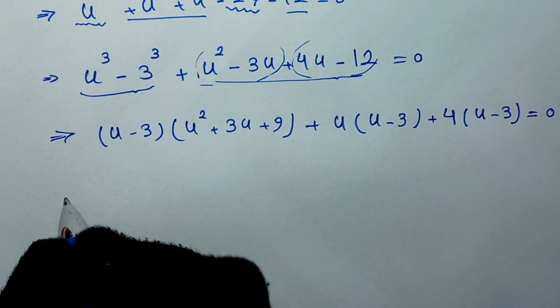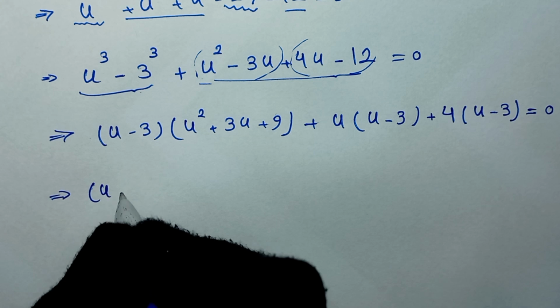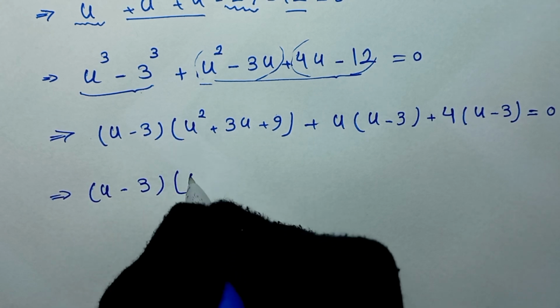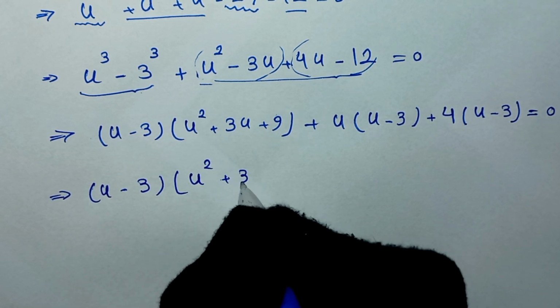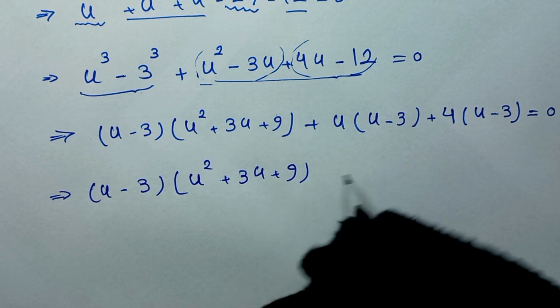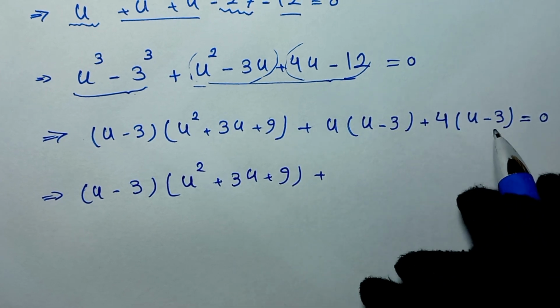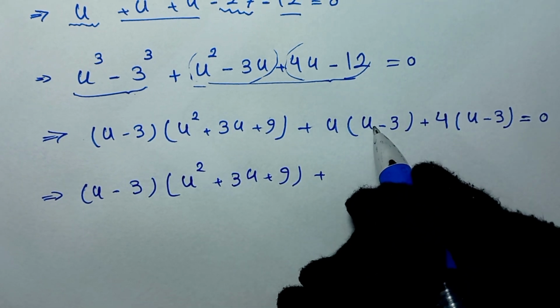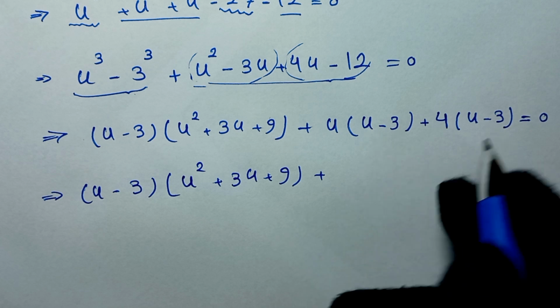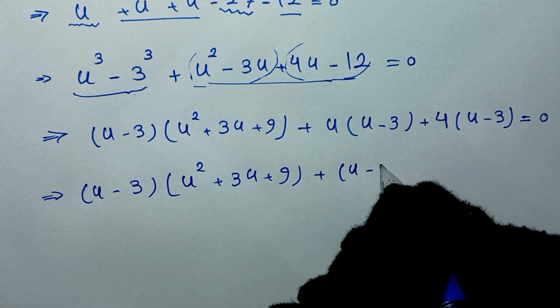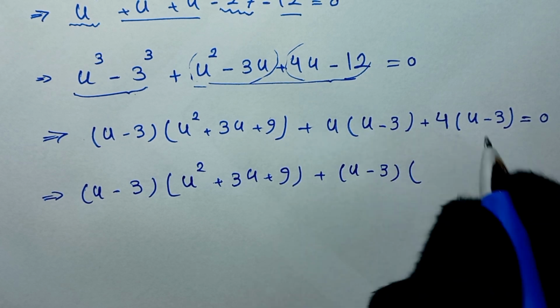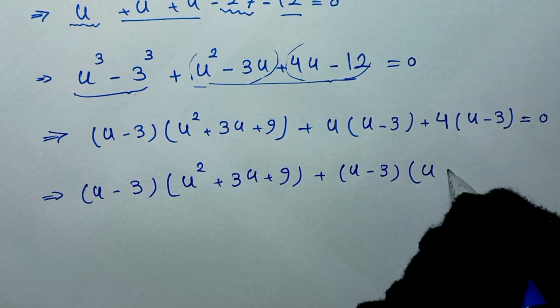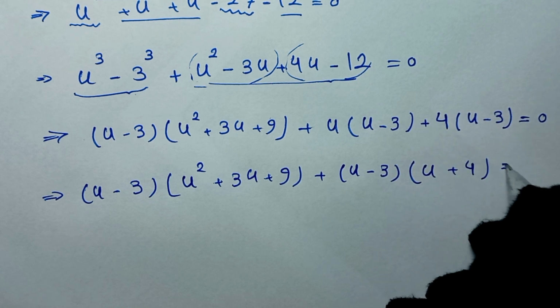And it will be u minus 3 times u square plus 3u plus 9, and in here we factor u minus 3, right? U minus 3 is common, so we factor u minus 3, and for this part it will be u, and for this part it will be 4 is equal to 0.